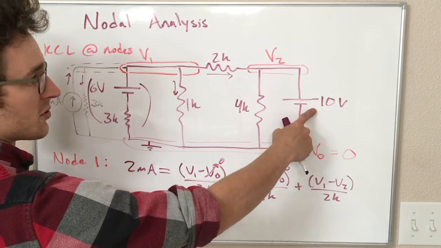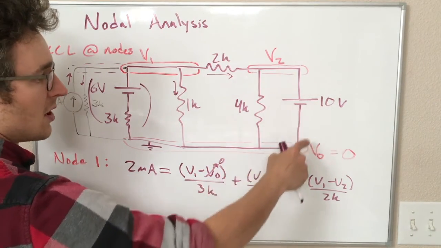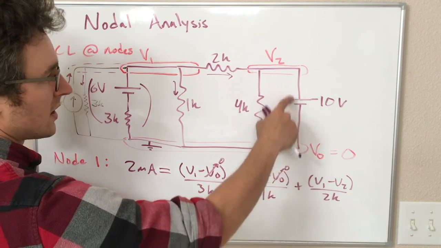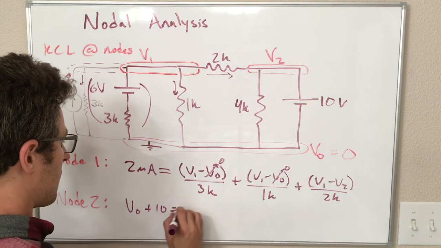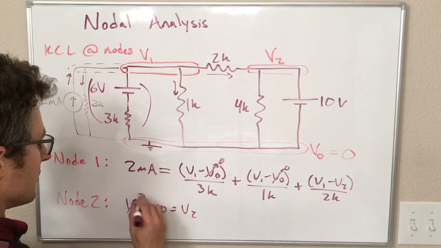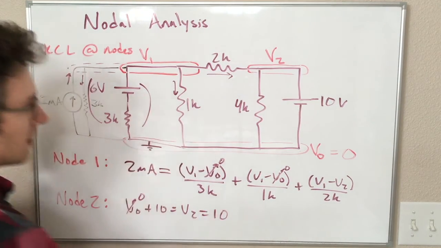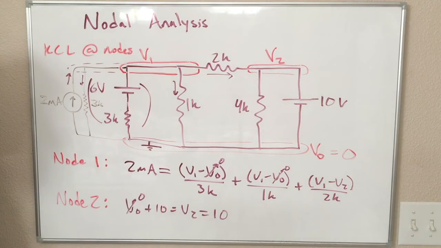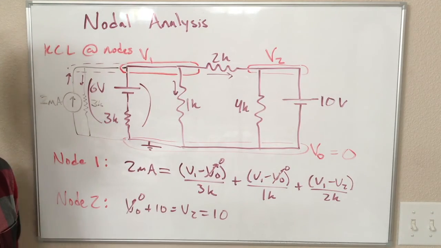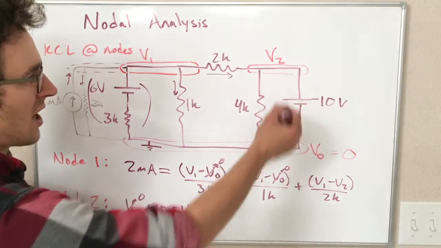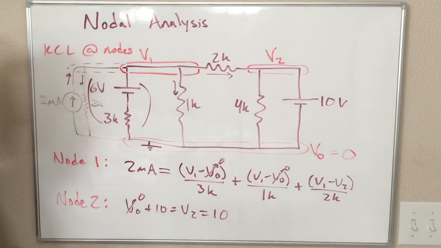If we have this voltage source, 10 volts, then we know that V0 plus 10 equals V2, and V0 equals 0, so V2 just equals 10 volts. Presumably if things were more complicated, we could have got another equation here and a system of equations to solve like we did in the past, but I wanted to show you what happens when you just have a voltage source connected between 2 nodes.